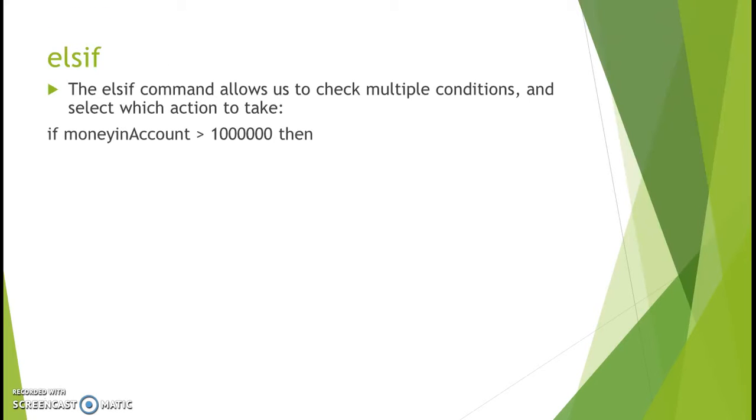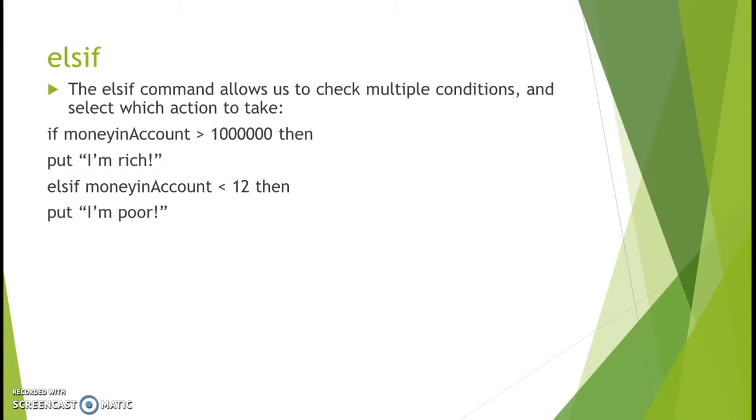And in my program I can have: if money in account is greater than $1 million, then put I'm rich. Else if money in the account is less than $12, then I can make the statement to the world that I'm poor. And if I have something between 12 and $1 million, well, at that point, this is all of the other conditions.